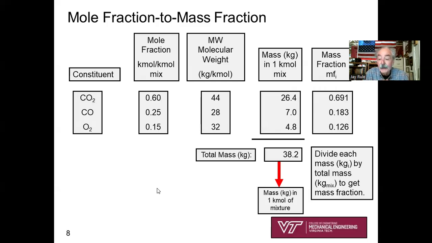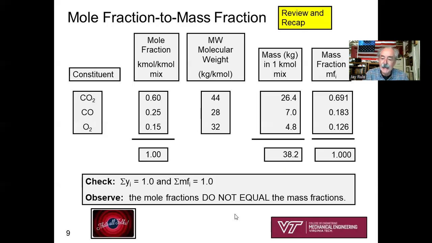So by setting up your table and taking a couple of minutes to write out your column headings, this is a foolproof recipe for getting from a mole fraction into the mass fraction. And do recognize that this isn't a test problem. It is a part of a test problem. This gets you started in solving the engineering problem.